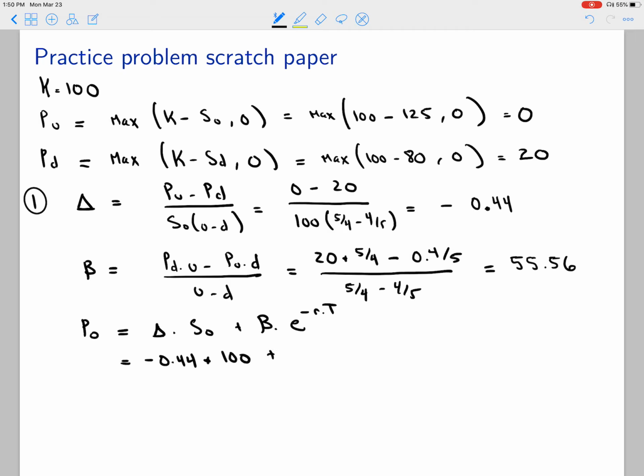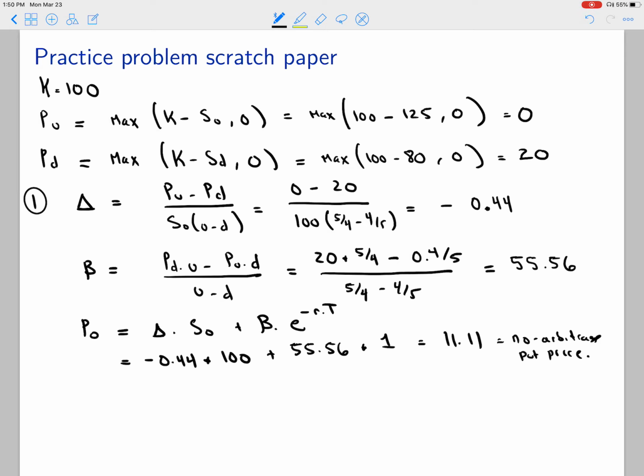On the fixed income side, we're longing 55.56 bonds, multiplying that by the discount factor, the cost of the bonds. This is just one. We're going to find that the no arbitrage put price is 11.11. Just like the call, the no arbitrage put price is $11.11.